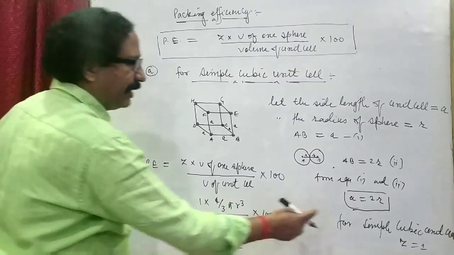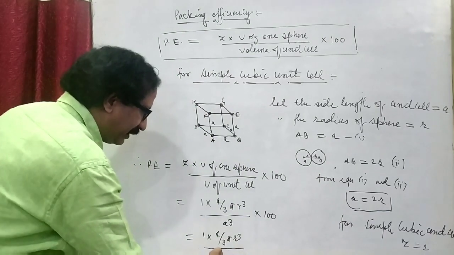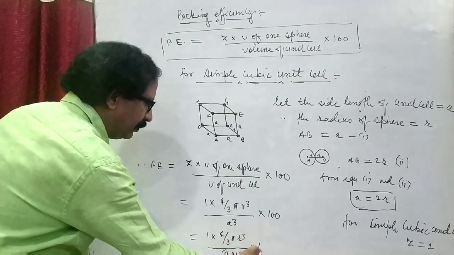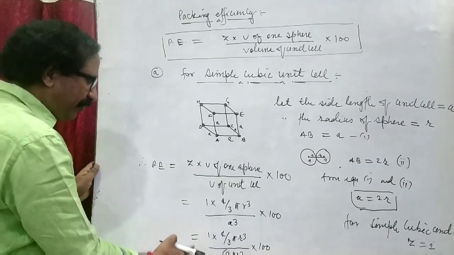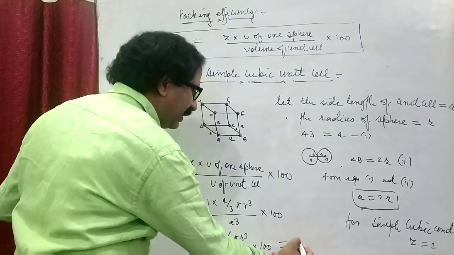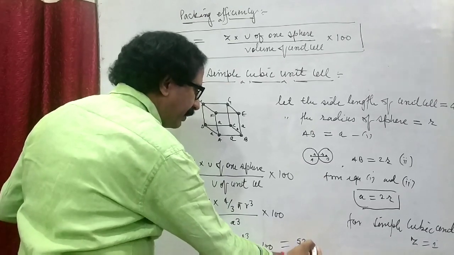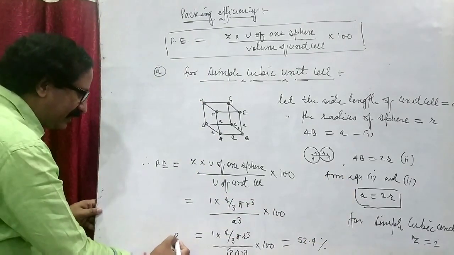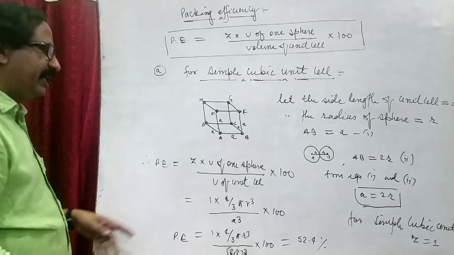What is the value of A? A is equal to 2R, ultimately 2R cube into 100. And when you solve this one, the result is 52.4%.